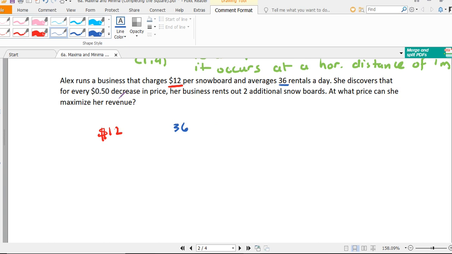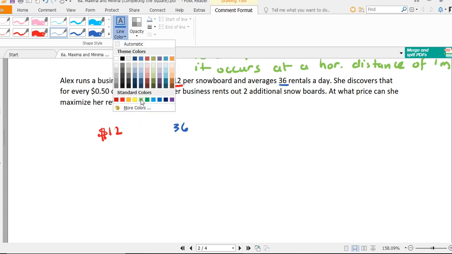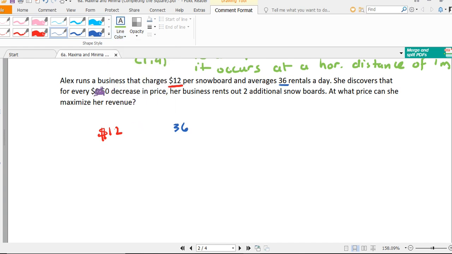So she discovers that every time she decreases the price by 50 cents, she rents out 2 additional snowboards.